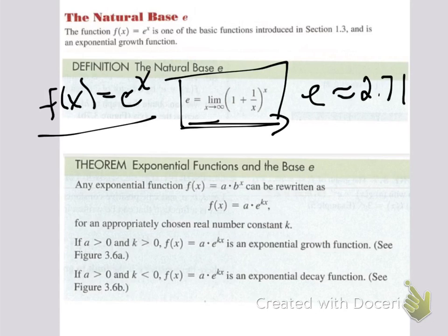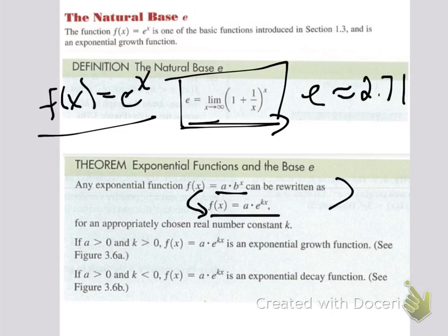In a few more sections, we're going to get into what this theorem says. It says that any exponential function f of x equaling a times b to the x can be written as f of x equaling a times e raised to the k times x. Eventually, I think in 3.3, we'll take this and convert it into this.